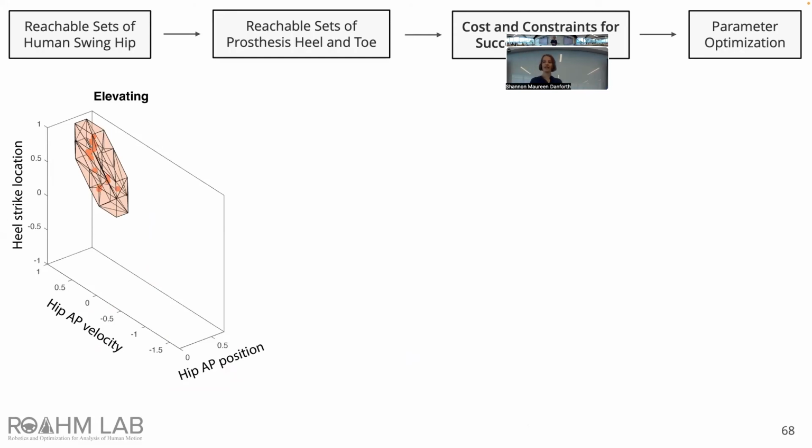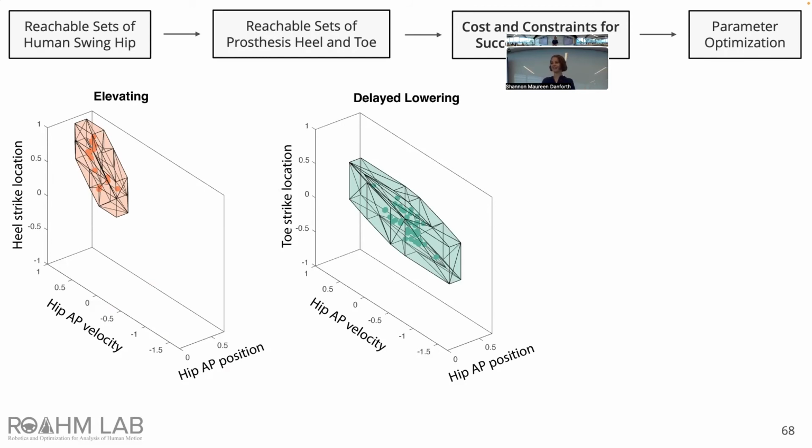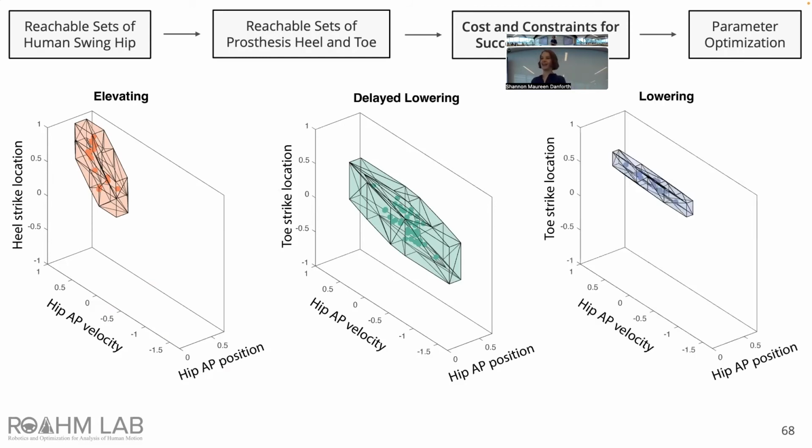So we fit sets of hip AP position, velocity, and heel strike location to the observed trip recovery data. We do this for elevating and then delayed lowering and lowering. And note again that the z-axis for the latter two strategies is toe strike because the toe contacts the ground first in those two cases.